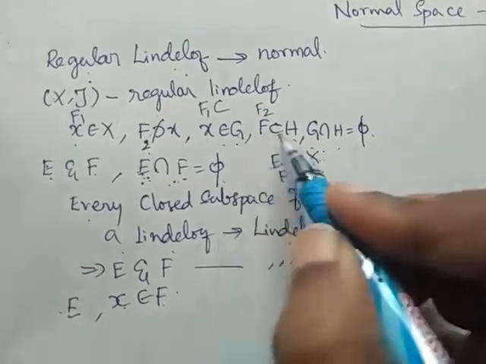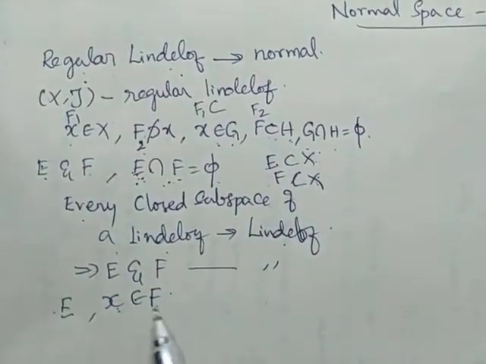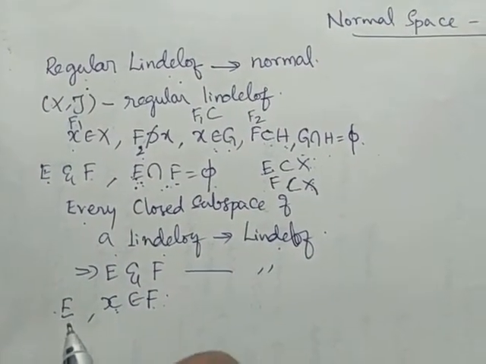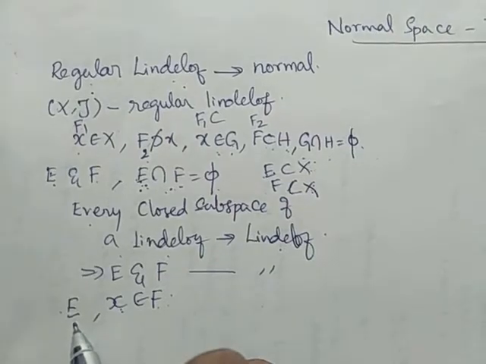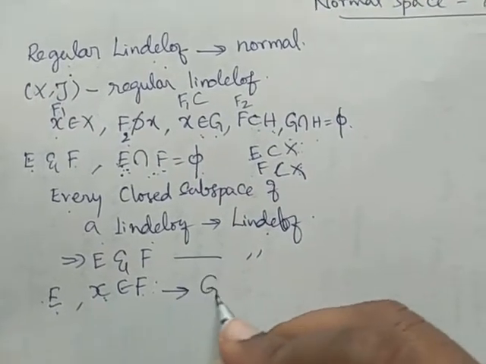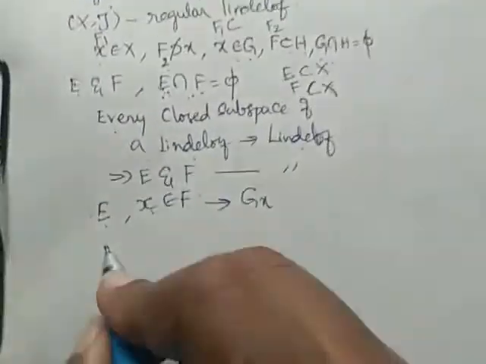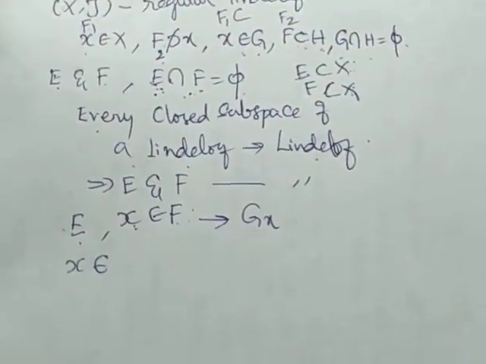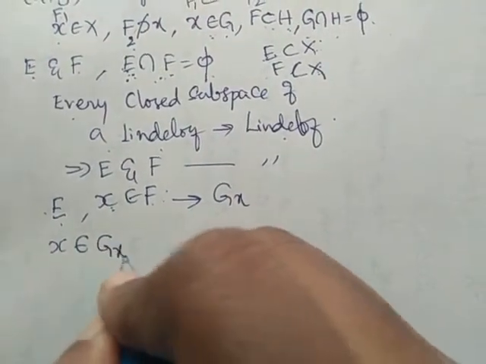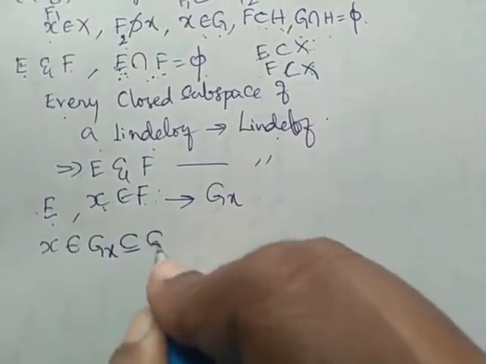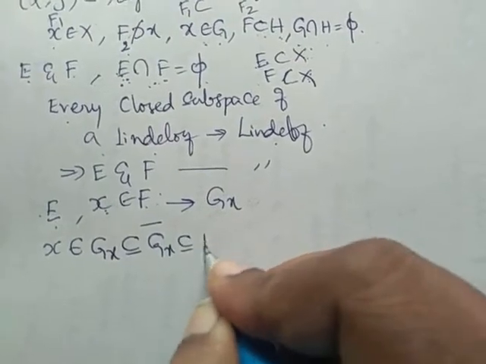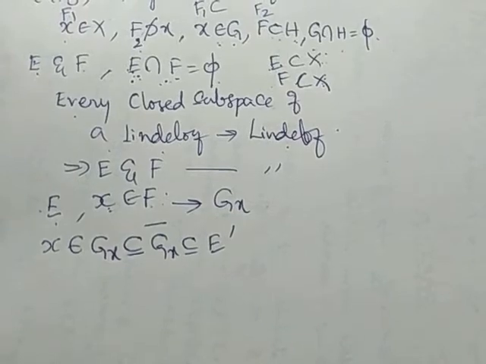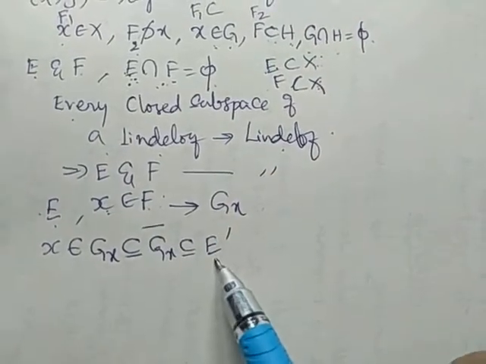Here we have the total sets, but now I am considering one point in F and a closed set, to use the definition of regular space. There exists an open set Gx such that x belongs to Gx, Gx closure is a subset of E dash. This is what we proved in the previous theorem. E is closed, therefore E dash is an open set.